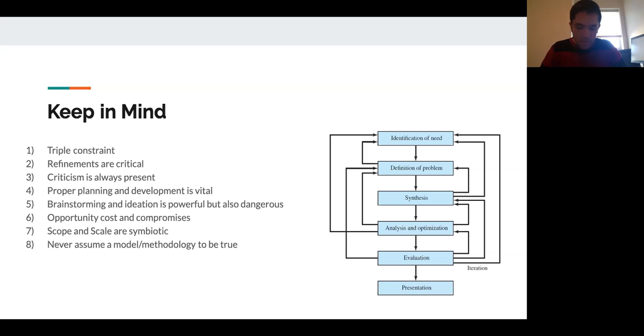Number 6, however, the probability of accomplishing a possibility is normally the underlying mechanism that determines scope. Opportunity costs and compromises must be accepted in order for a project plan to be executed. Number 7, scope and scale are symbiotic.